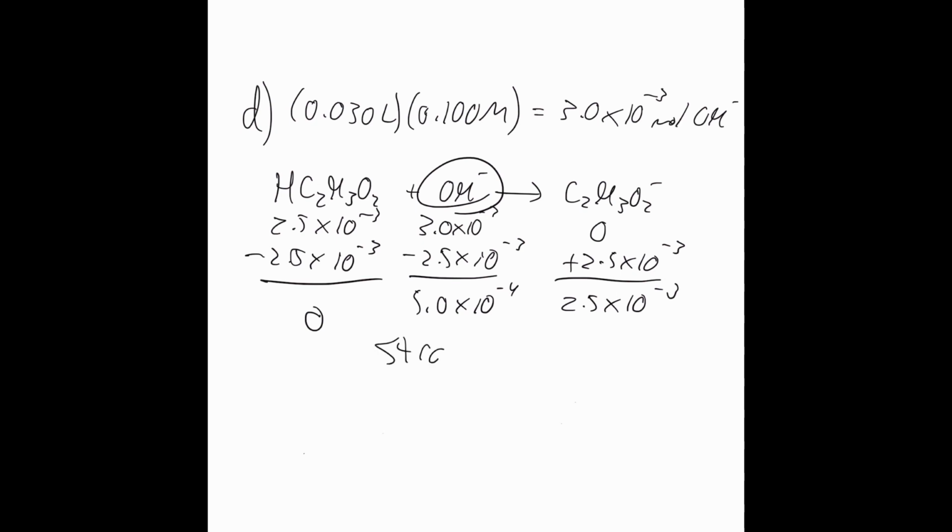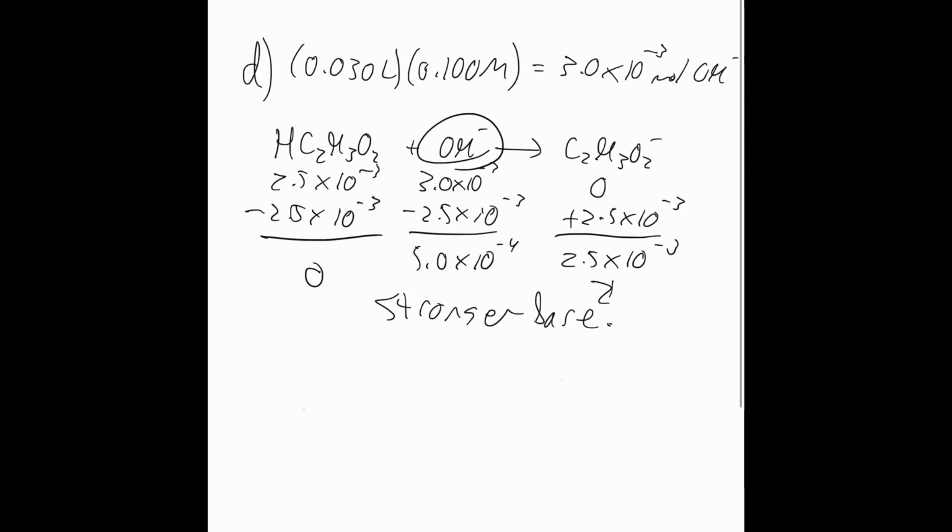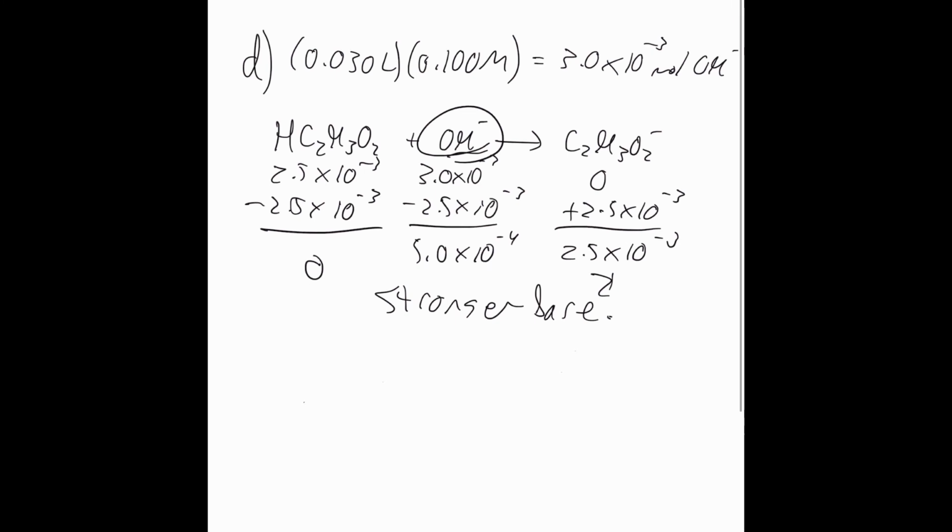But at this point, we are left with OH minus and acetate. And the stronger base is what's going to dictate our pH, because we have a weak base, the conjugate base of a weak acid, and we have a strong base. So the stronger base is OH minus, and it's been circled. So we have 5 times 10 to the minus 4 moles, which we need to convert to concentration, and we have 55 milliliters.